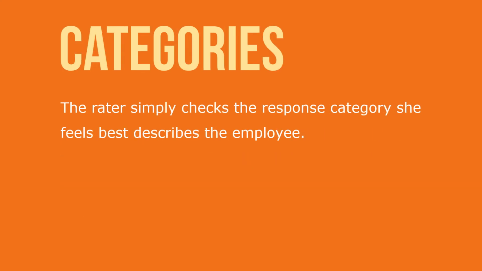Because it's likely that all behaviors rated are present to some extent, behavior checklists usually include a description of the behavior, followed by several response categories such as always, very often, fairly often, occasionally, and never. The rater simply checks the response category she feels best describes the employee.